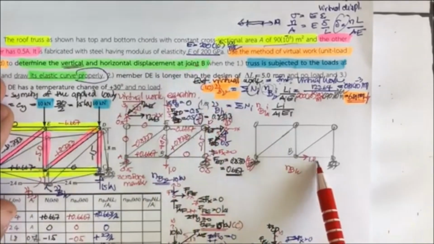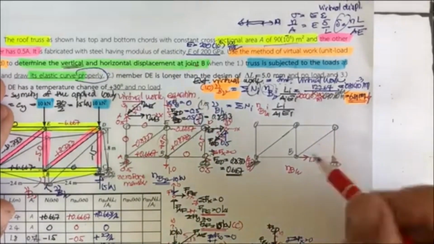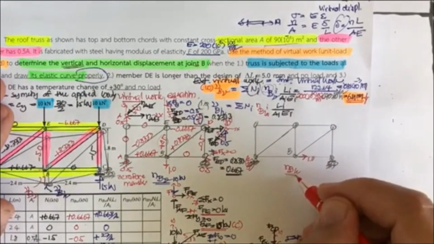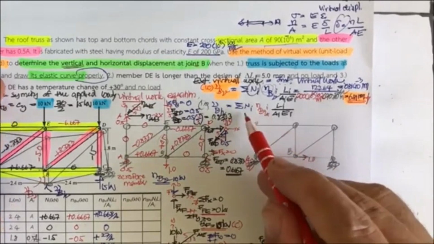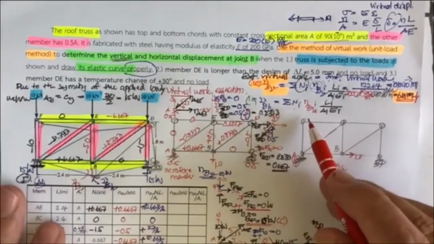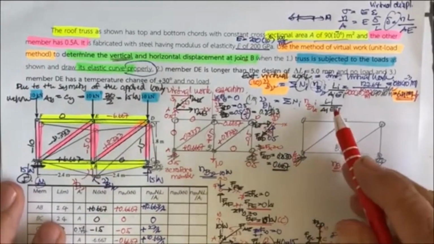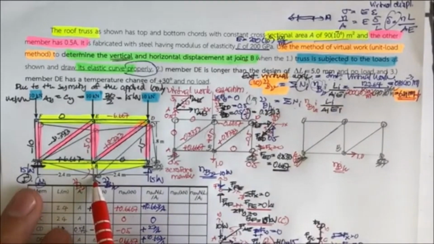So we put 1 unit force here, and then we have N sub BH. We are going to determine it, multiplied with the normal force N in the member, and then you can put into this equation to determine the horizontal displacement over here.